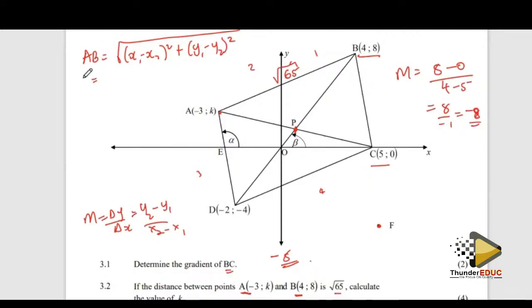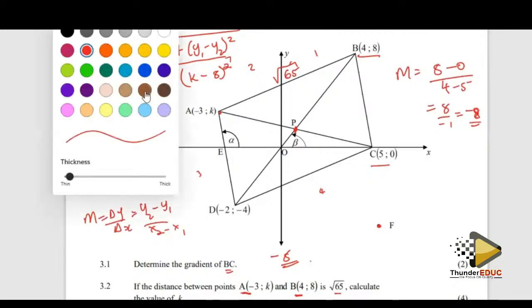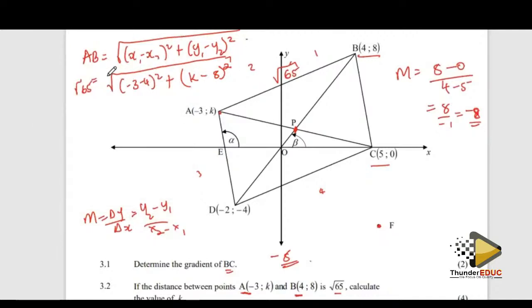So where there is AB, I'm going to use root 65 is equal to the square root of negative 3 minus 4 squared plus K minus 8 squared. And then I'm going to get rid of the square roots. You square both sides, and then the roots fall away.